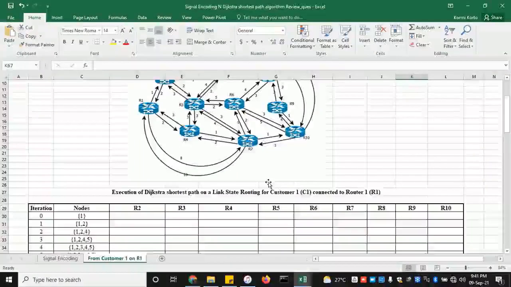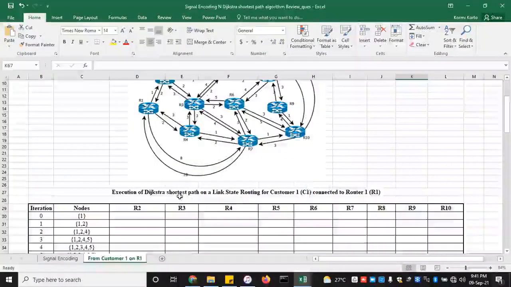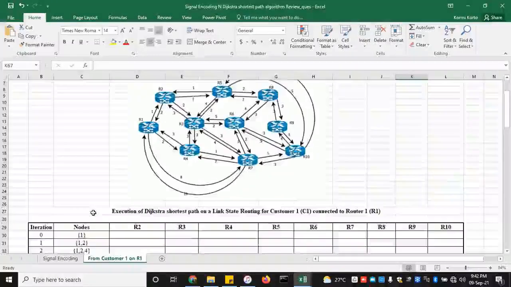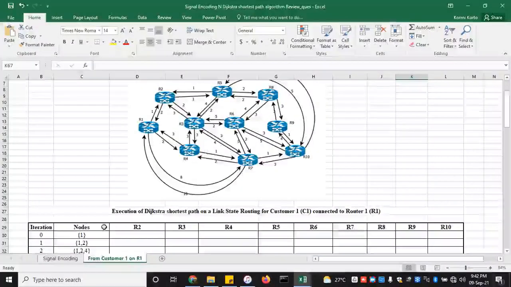Okay, so first of all, you need to build a table. You have a table where you have your iterations and the various possible nodes that you could use to move the packet from the customer connected to router one to every other router within the network.